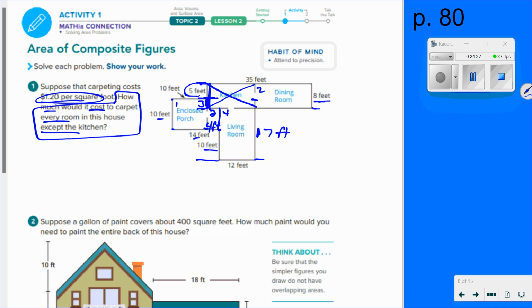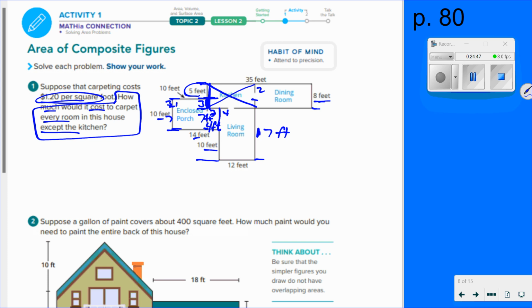Everybody see that? Okay. I know that this part is 3. I know the whole thing is 10. So how much is this part? 7, because 7 plus 3 is 10. So I now have the dimensions for all of my figures.